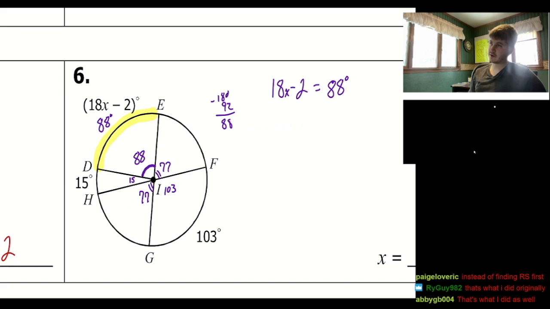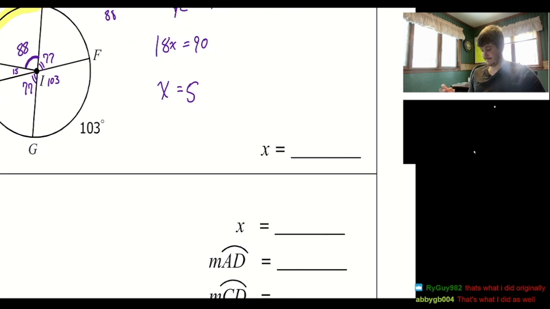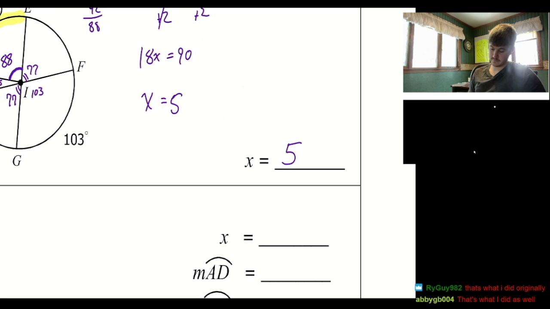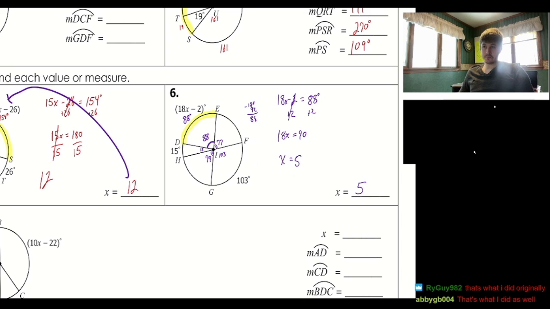Nice, easy algebraic expression for us to solve. Add 2 to both sides. 18x equals 90. And I'm just guessing that 90 divided by 18 is 5. Yeah, it is. No plugging in required. Looks good.